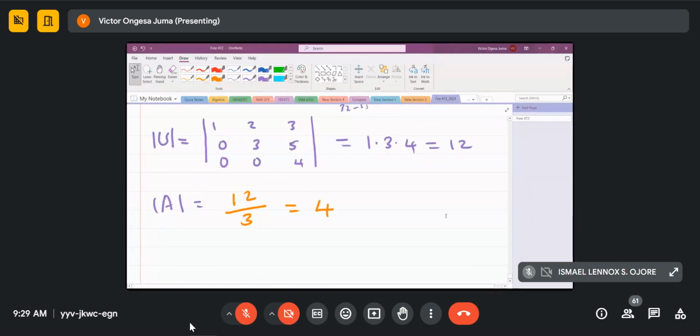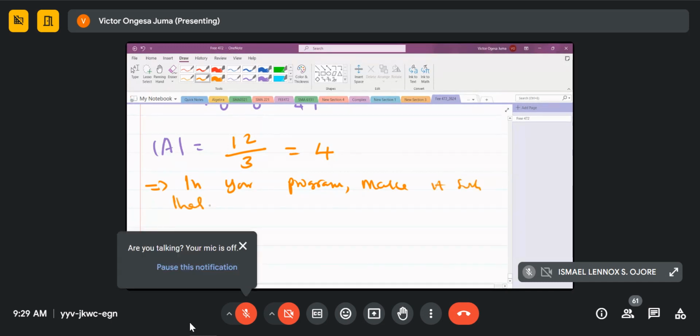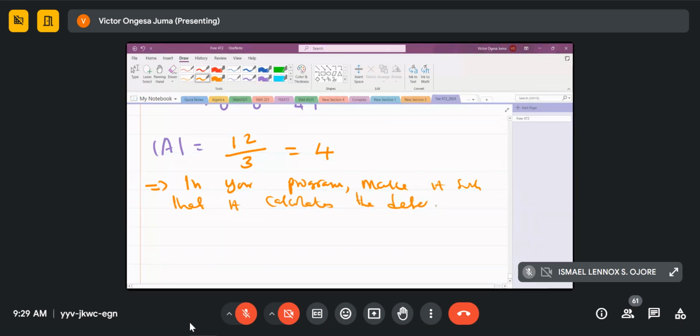Also, if you want, you can do this same thing when you construct your program, and make it such that it calculates the determinant of a matrix.